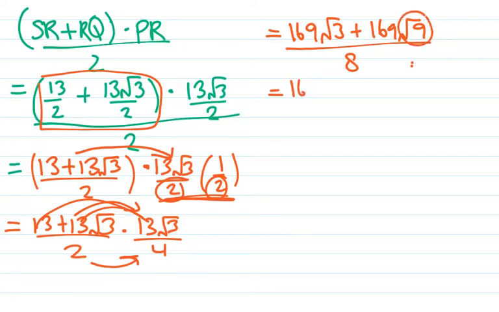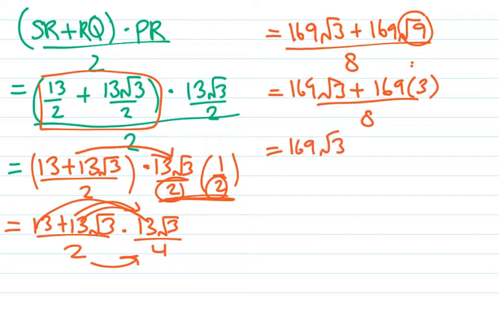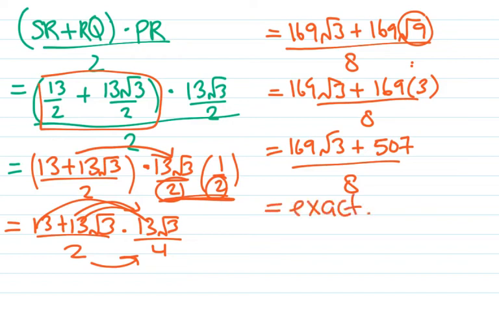So now I have 169 root 3 plus 169 times 3, all divided by 8, equals 169 root 3 plus 507 divided by 8. Now, if I divide 169 root 3 by 8, it's going to give me a decimal number, and 507 divided by 8 isn't a nice round number either. So I'm going to leave it like this, and that is my exact answer.